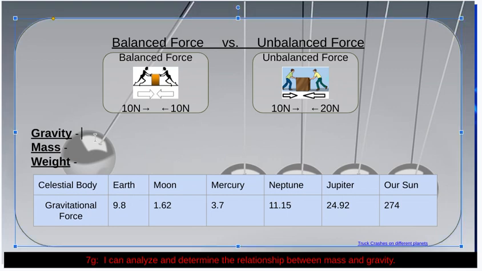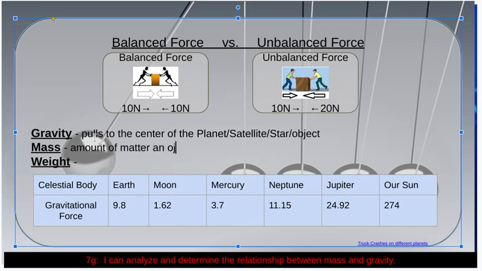So let's go ahead and take these definitions down here in the middle. Gravity pulls to the center of the planet or satellite or star, whatever the object is. Mass is the amount of matter an object has, and weight is a force determined by the gravitational force.